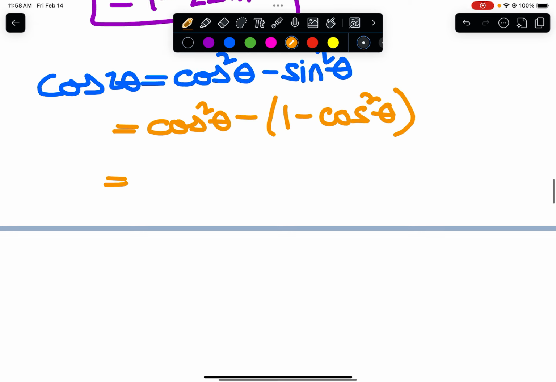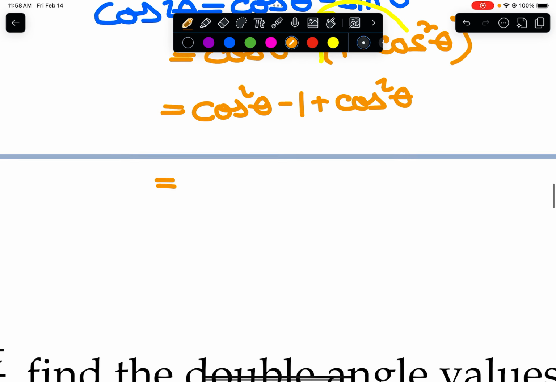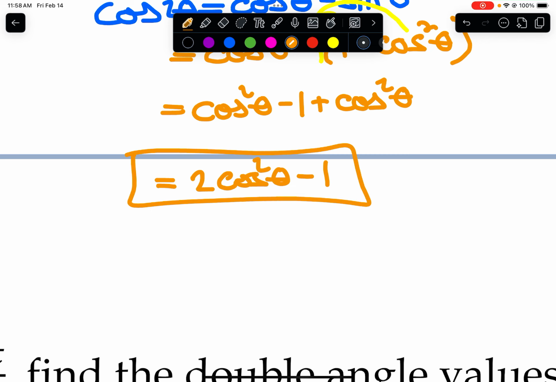So now this is going to equal cosine squared theta, and then over here, you're going to have to distribute this negative 1 over here. So that's going to turn into negative 1, and then plus cosine squared theta. So when I combine like terms, this will turn into 2 cosine squared theta minus 1. So this would be another variation.